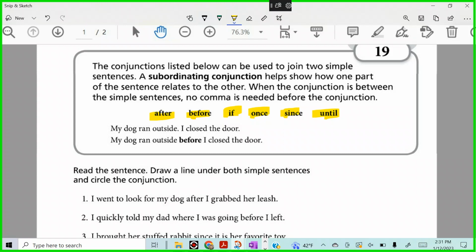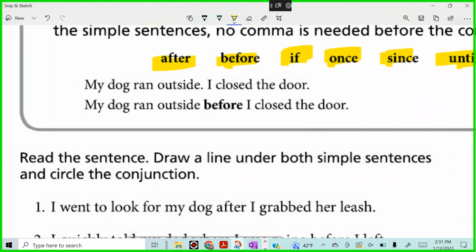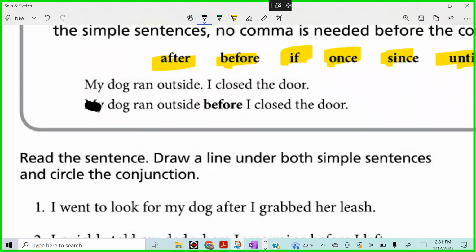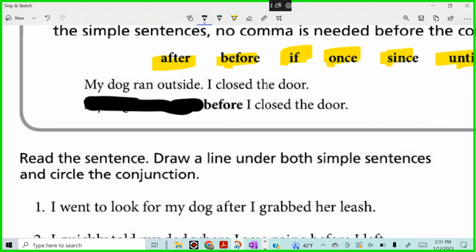So, if I came in here, Drew, and said this, you ready? Let us pretend just for a moment that this is how the sentence is starting right there. Before I close the door, if I just ended it right there, and I looked at you guys, you would be saying what?